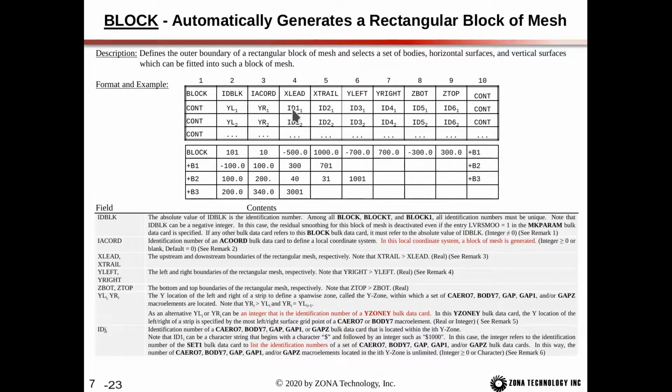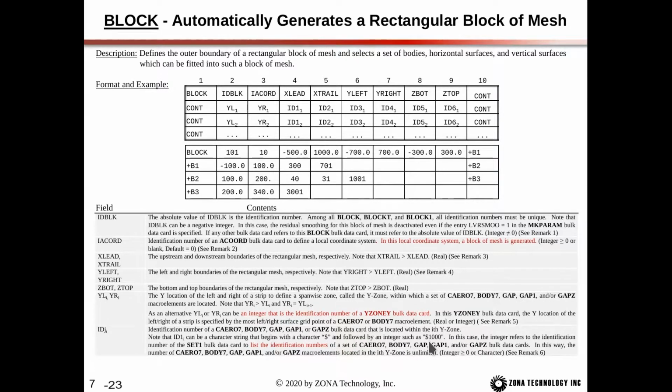Then for each Y zone we have these ID fields. So these refer to the C07, Body 7, GAP, GAP1, or GAPZ cards. And note that we have 6 entries available. So if you have 6 or fewer elements in a particular Y zone, you can just list out the ID numbers of those elements, and this will be the case the vast majority of the time. However, if you have more than 6 elements that you need to put into one Y zone, then the ID 1, the very first one, will be an integer or a dollar sign followed by an integer.